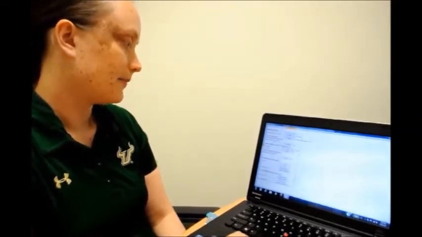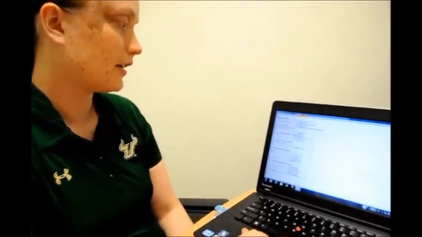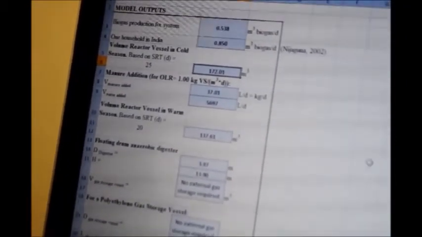And then you can come up here, it will tell you your volume of reactor vessel for the cold season. This is going to be larger than your volume of reactor vessel for the warm season. And that's because the solids retention time is different.